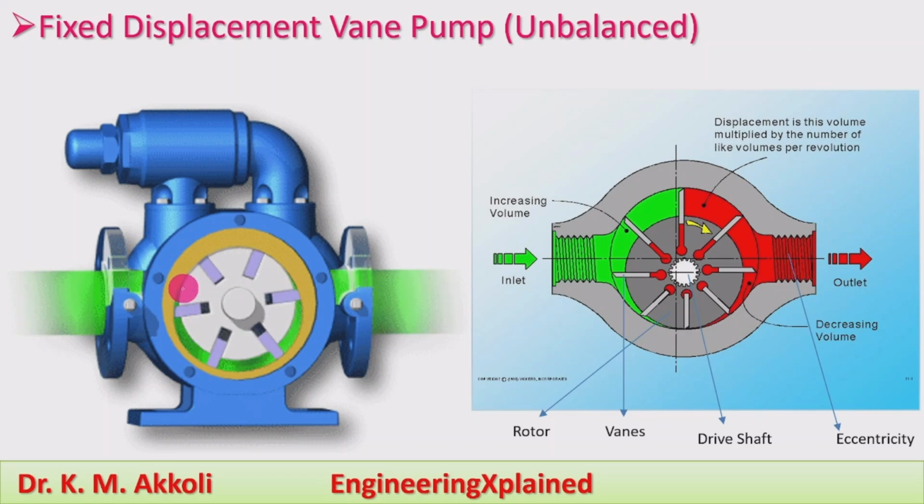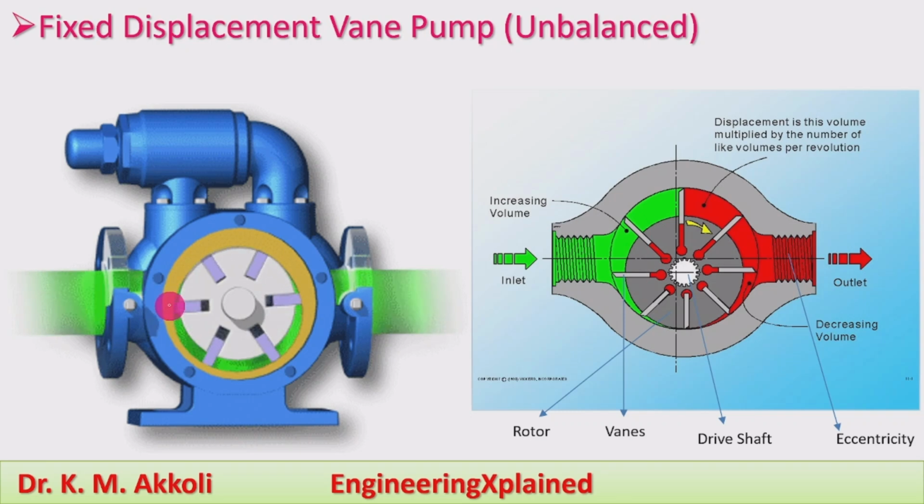At this position we can see that due to the eccentricity there is a gap between the rotor and the cam ring, and due to that the vane moves outwards, which causes an increase in volume, and the oil or fluid there is trapped.